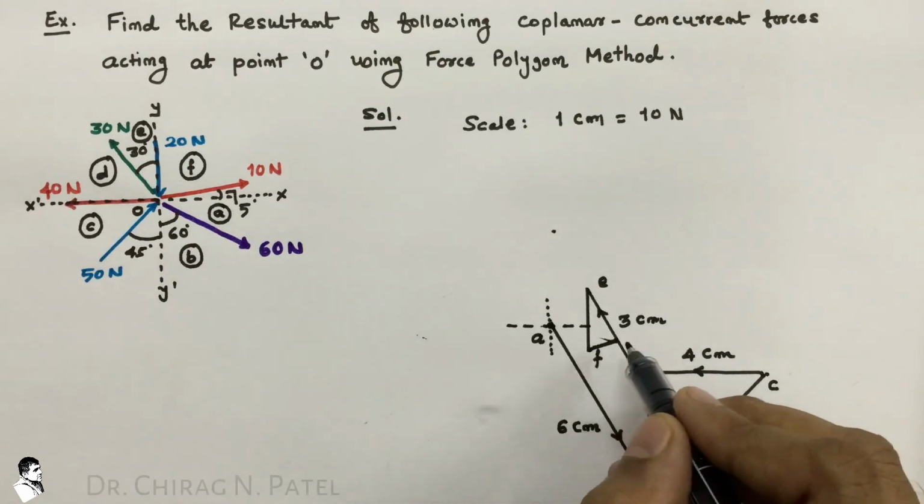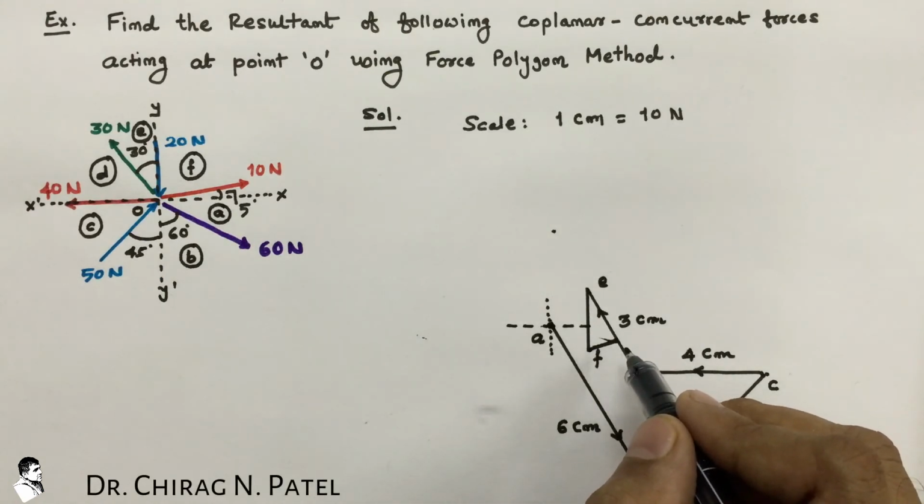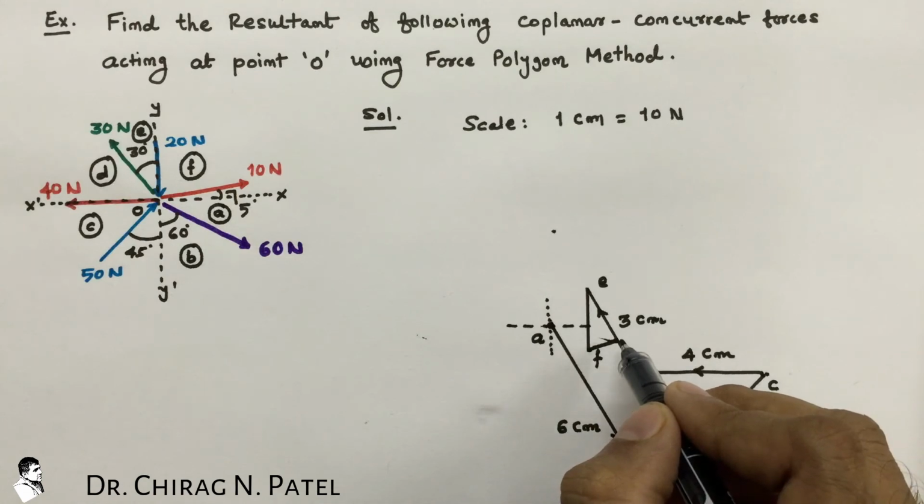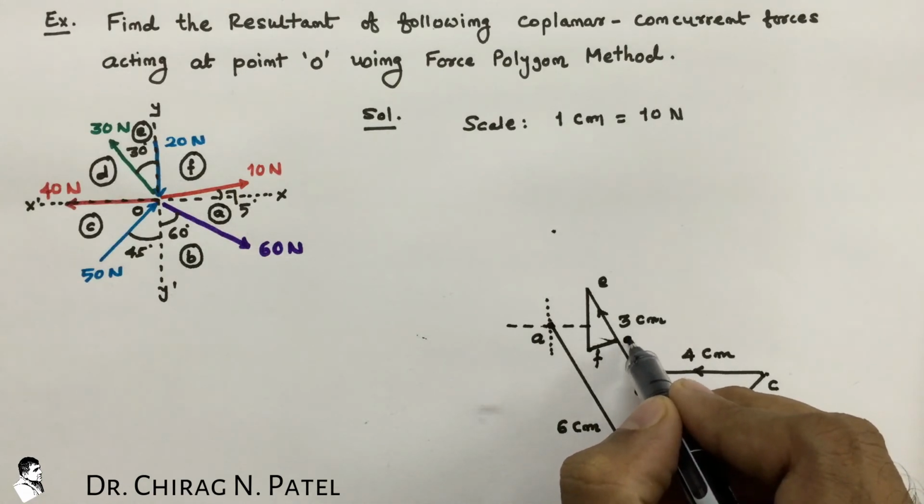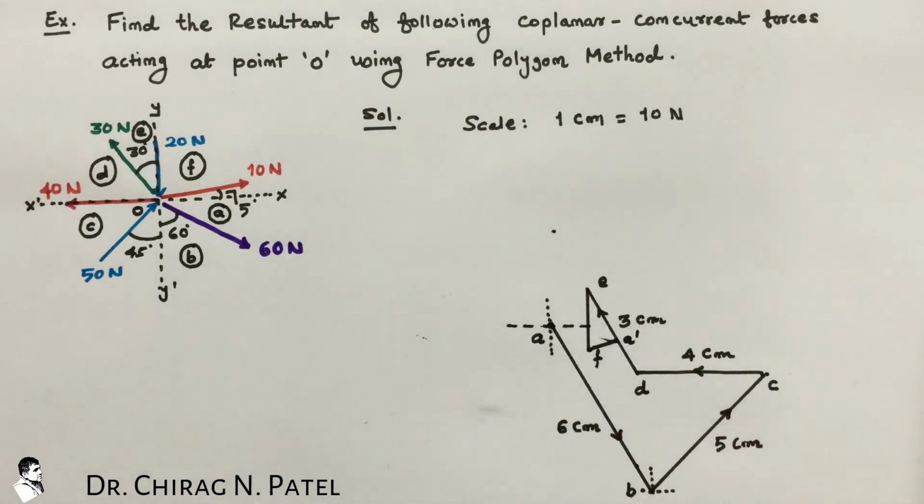This goes from F to the final point, which we take as A dash, our last point.